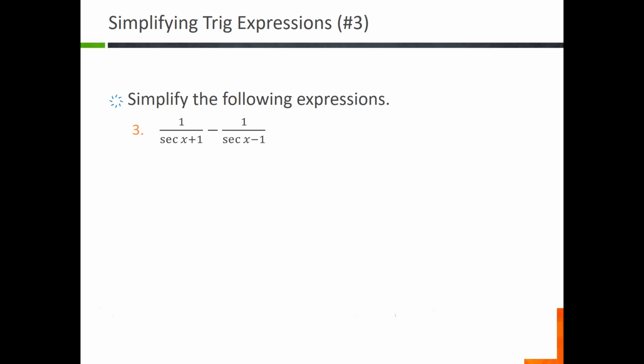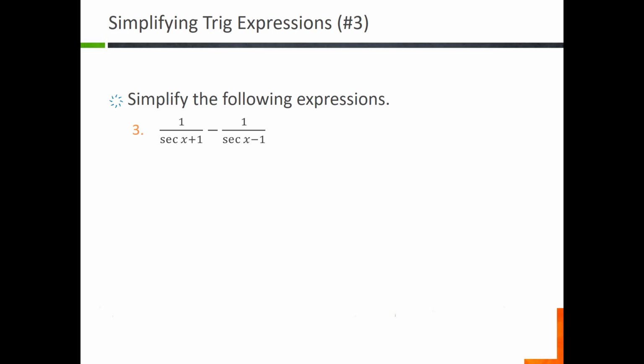We know secant of x is 1 over cosine. So that's one option. There's really nothing else we have to substitute, so the other option is to do some algebra. Again, there's different ways to go through this. Let's just pick one and run with it.